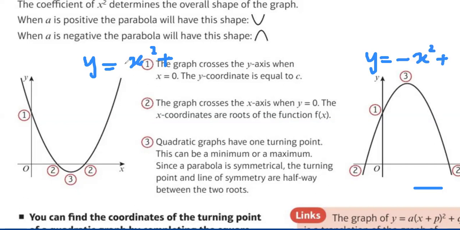If the sign of the x square is positive, the quadratic function we can draw like this, with a minimum value. It has a minimum value. Also, if the sign of the x square is minus, it has a maximum value, like this. This is the main important thing we have to remember about quadratic graphs.